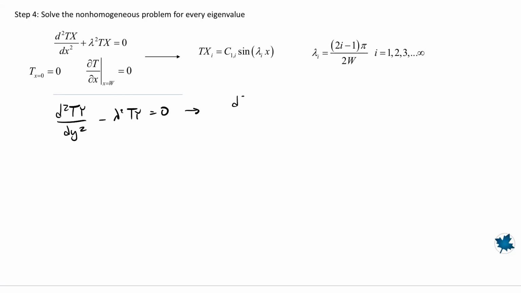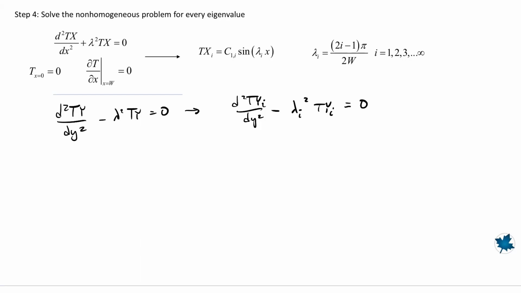So this just becomes d squared Ty over dy squared minus lambda I squared Ty I. So now there's an I on both of the Ty instances there. We're finding a solution for a particular lambda I, and this is equal to 0.